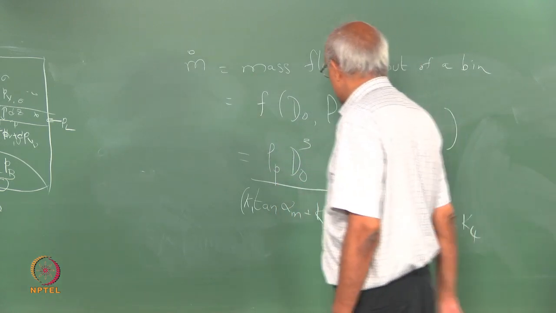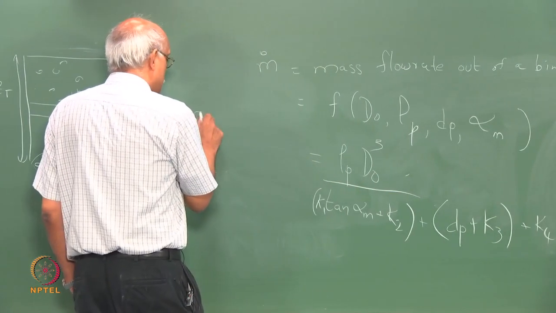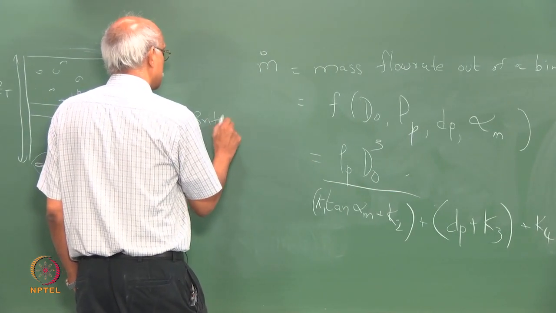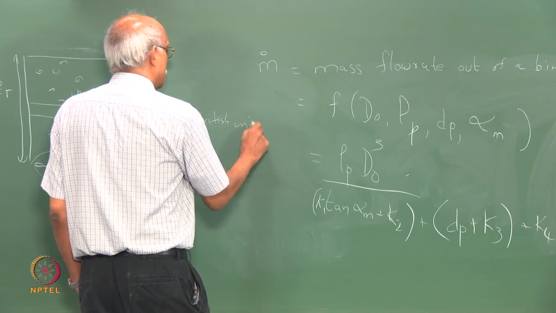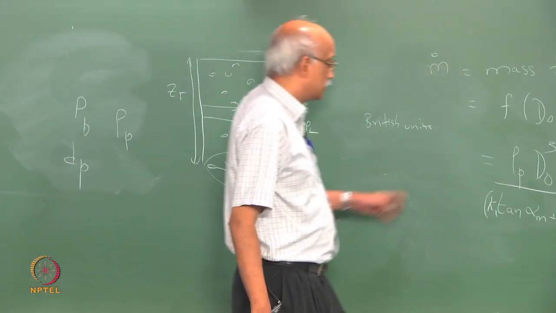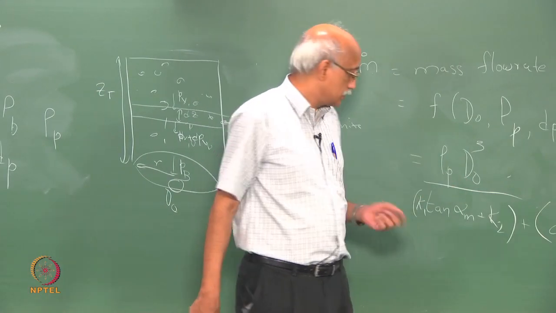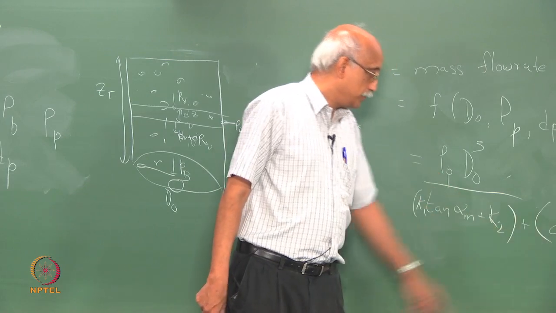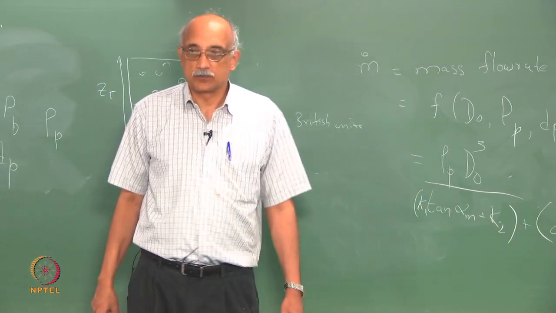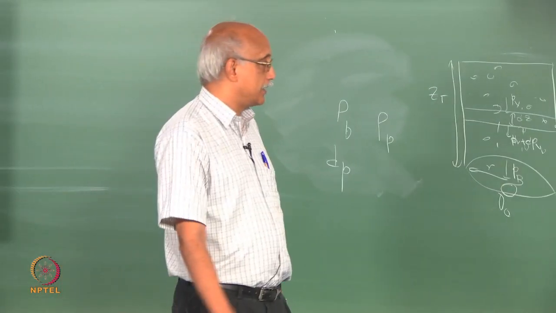K's are all constants. This is only valid in British units. So, m dot is in pounds per minute, rho p is in pounds per foot cubed, dO is in inches, and dP is in inches. Okay. Under those conditions this correlation is valid.